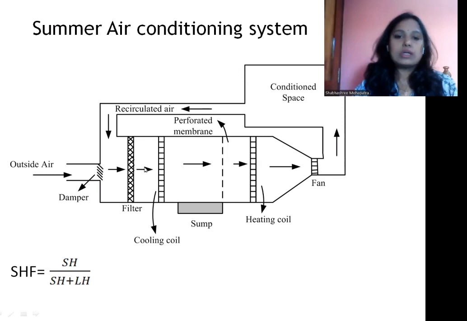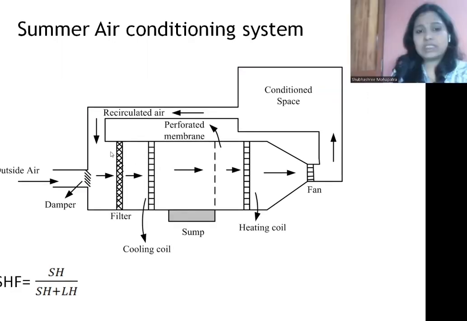Then another question is why we are using the recirculated air. The recirculated air is used to reduce the energy consumption at the cooling coil. Then the question will be why outside air? Outside air is used because the oxygen amount in recirculated air will be low, as it has already been used by the occupants present in the conditioned space.